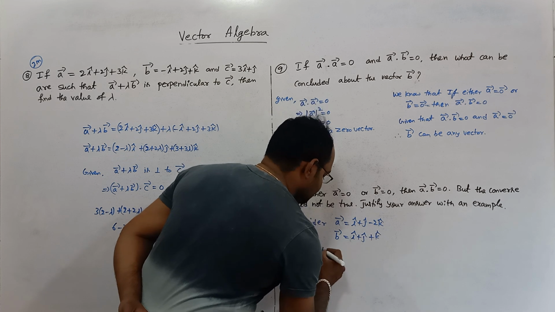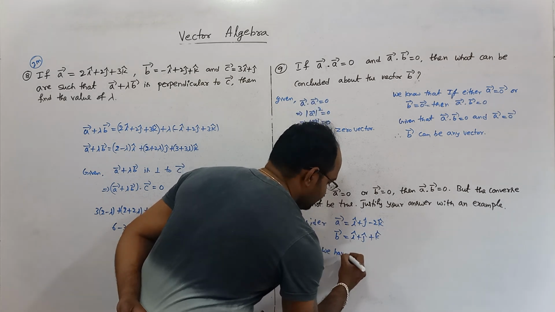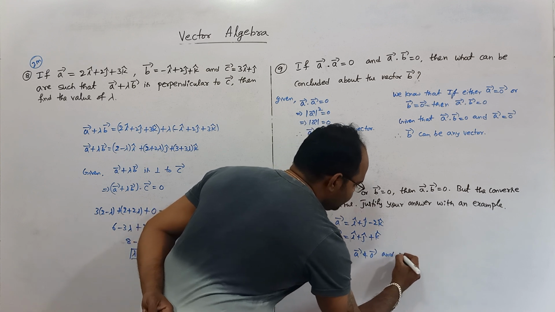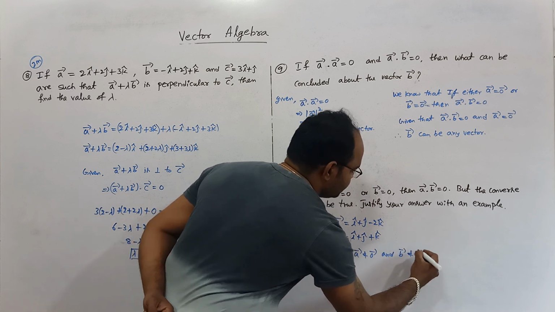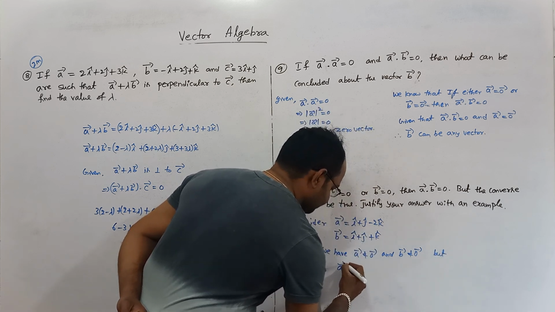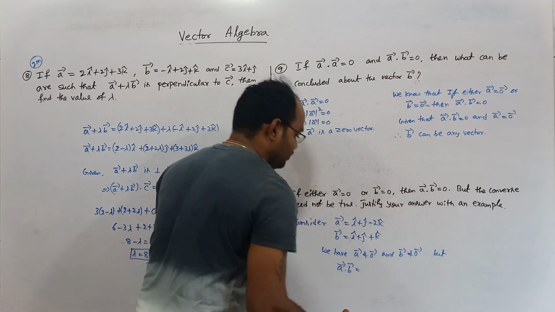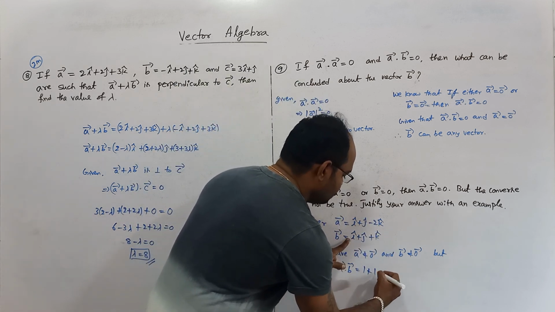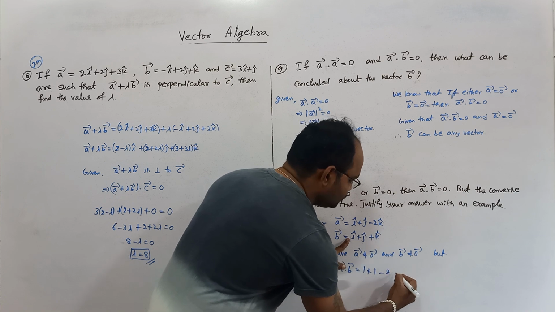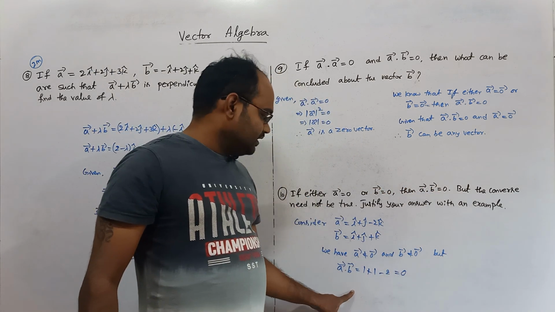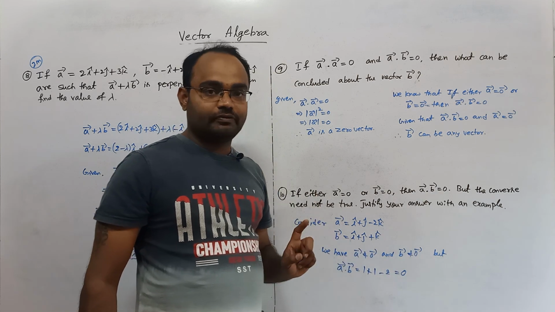We have vector A is not a 0 vector and vector B is also not a 0 vector. But what is A dot B? 1 into 1, 1 into 1, 1 minus 2 into 1 is 2, this is 0. So their dot product is 0, but both A and B are not 0 vectors.